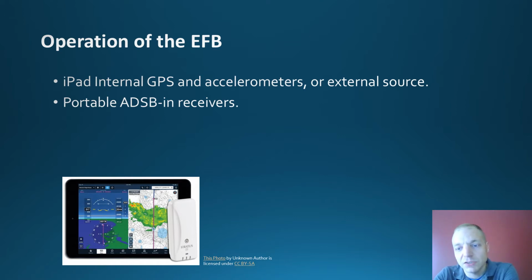This is also a portable device, battery powered, not dependent on the aircraft for anything. Some of these ADS-B In receivers also have GPS capability. The one I use does not, but if you have an iPad that does not have GPS capability, you can get that GPS source from the ADS-B In receiver.